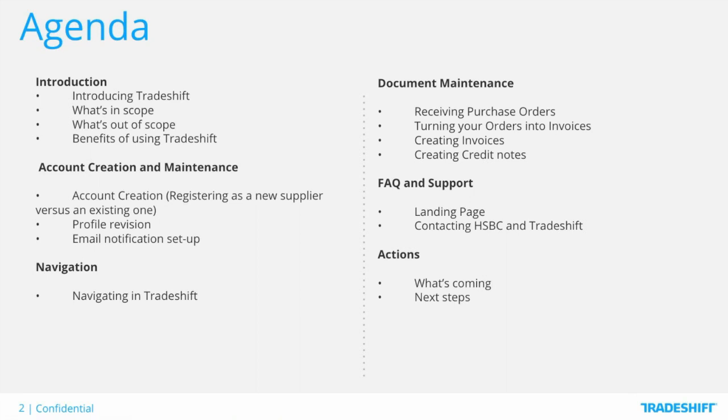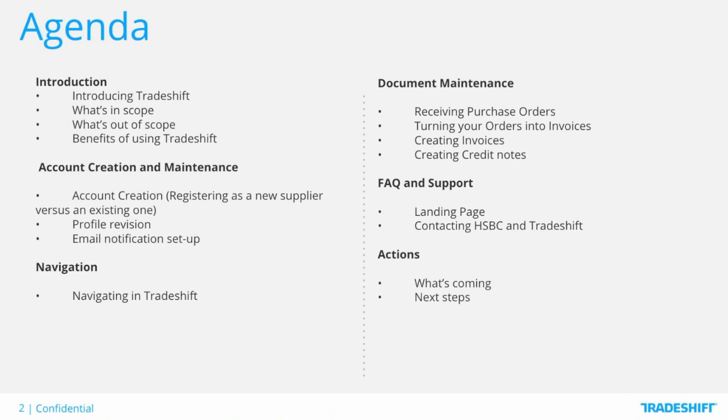of the Tradeshift platform. We will look at how you can revise your profile to add information required before you can send electronic invoices to HSBC, and also how to adjust some settings on the platform.